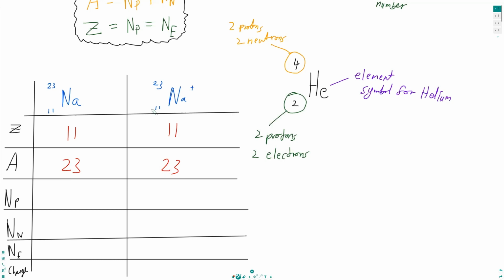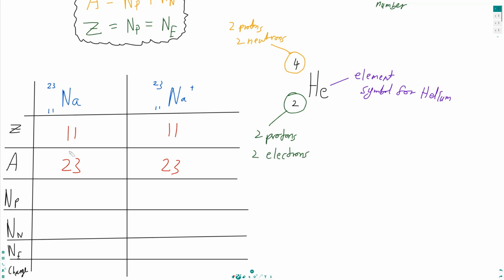Remember, the atomic number always, first thing, is the number of protons. And in a non-charged atom, or in a neutral atom, the number of protons always equals the number of electrons. The atomic number does not change, whether it's charged or not, because that always tells us first the number of protons.